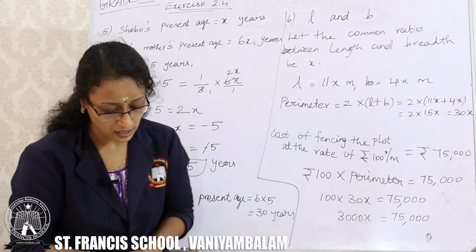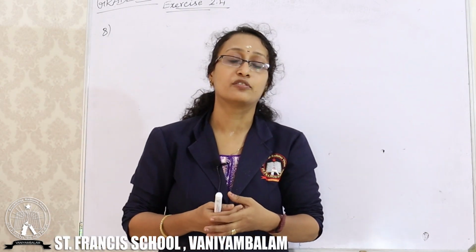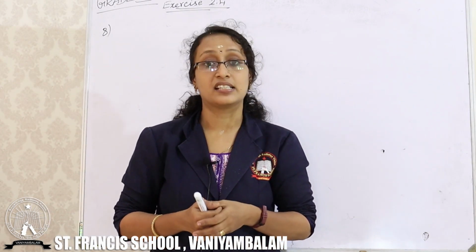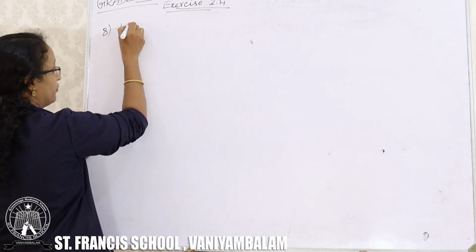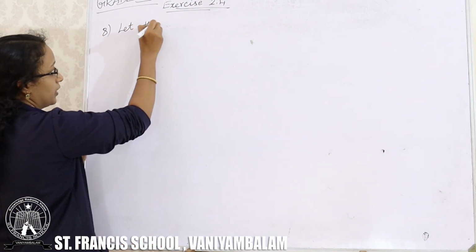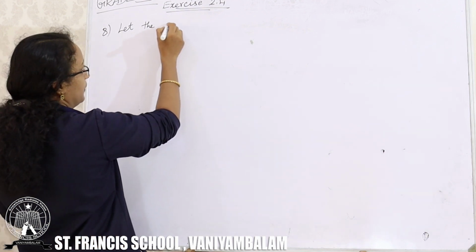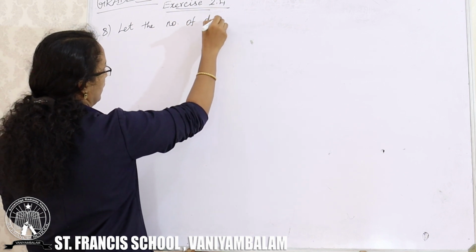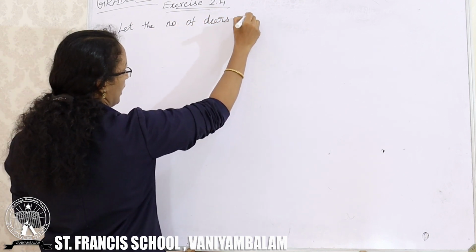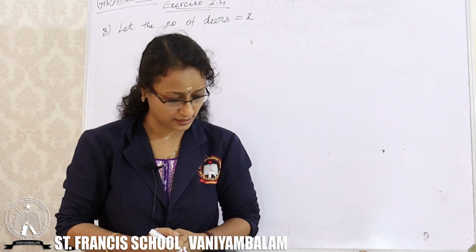Okay. So let us see how to solve the problem. Half of the herd of deer are grazing in the field. We have to find the number of deer, and herd means group of deer. So let us take the number of deer to be x.